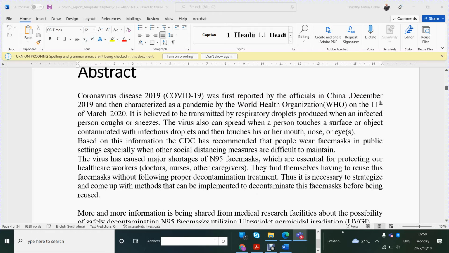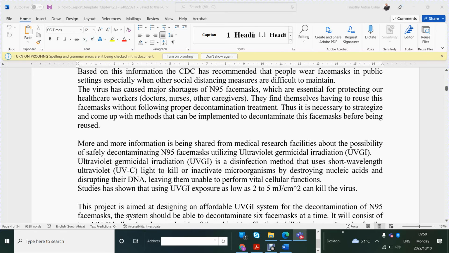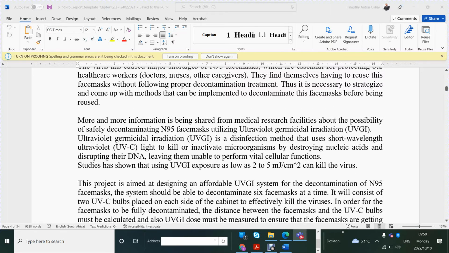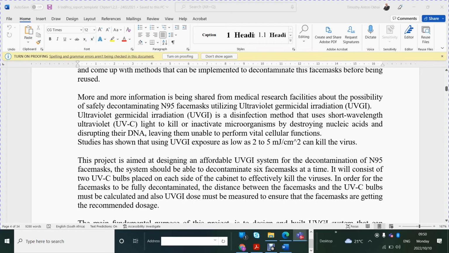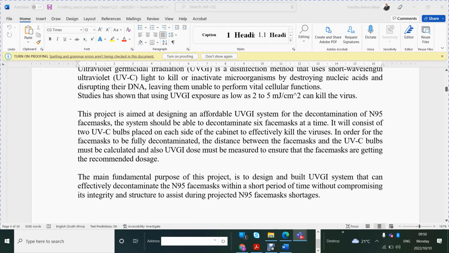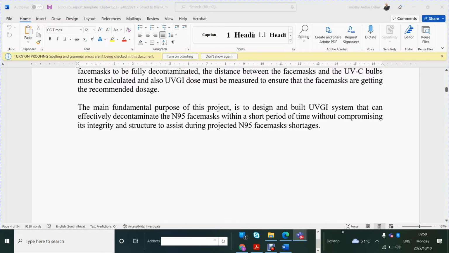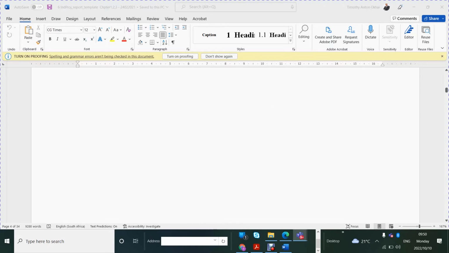You see, the abstract here has a general introduction, starting with what happens in coronavirus and the problems that we have with that and reusable face masks, and all that. Then it says more and more information is being shared from, okay. Then it says this project is aimed at designing an affordable UVGI system for the decontamination of N95 masks. So it tells you exactly what it is trying to solve. And then it goes, the main fundamental purpose of this project is, and so on.